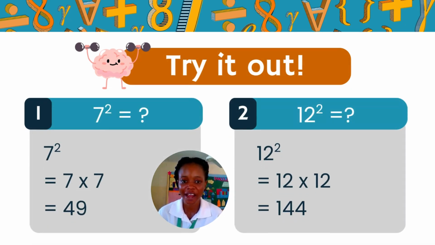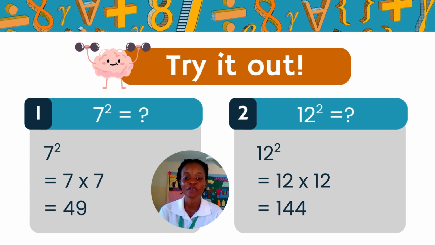So here's a mini exercise for you to try out. 7 square is what? When you want to square 7, that is 7 times 7. So 7 times 7 will give you what? Please put your answer in the comment section. Then we have 12 square. To find the square of 12, you simply do 12 times 12.